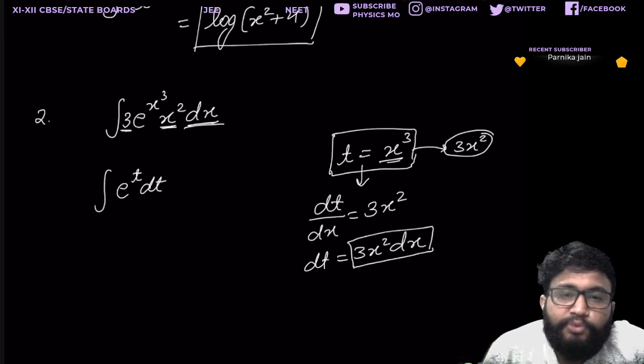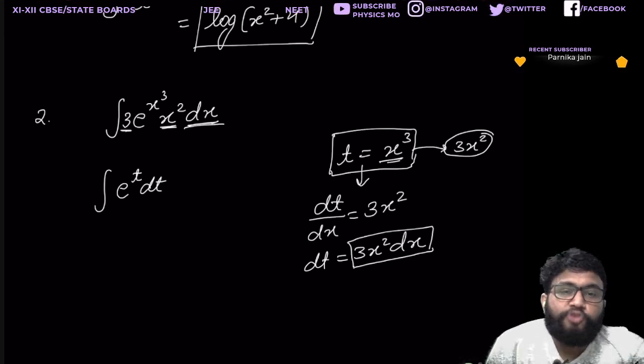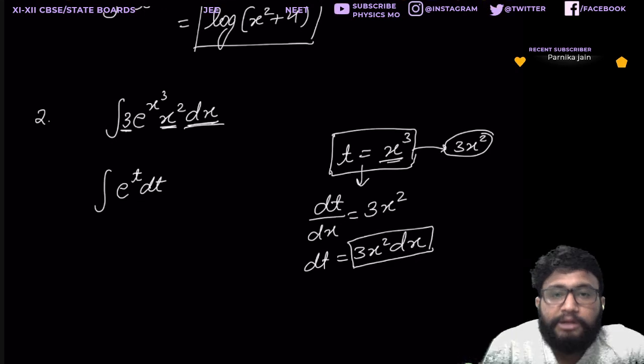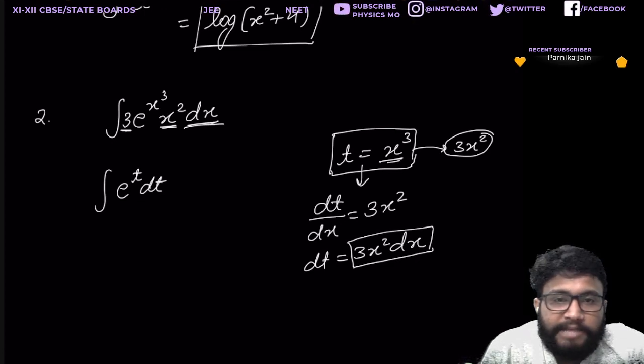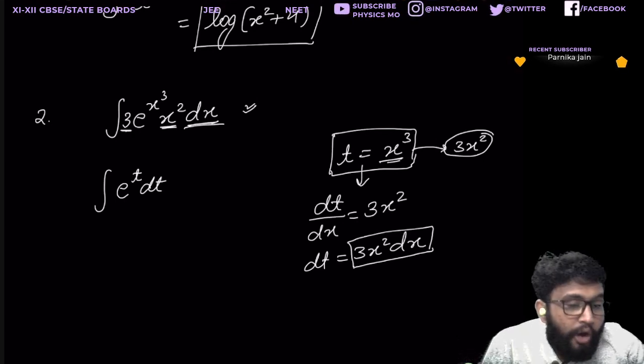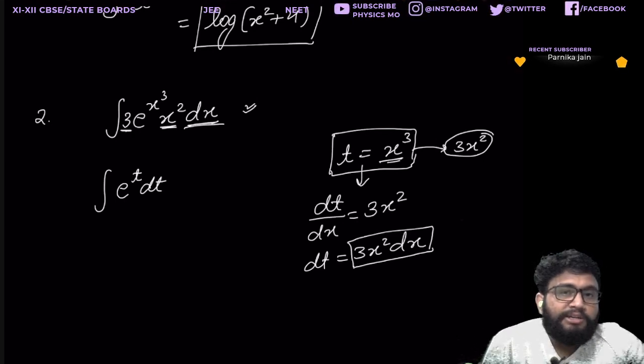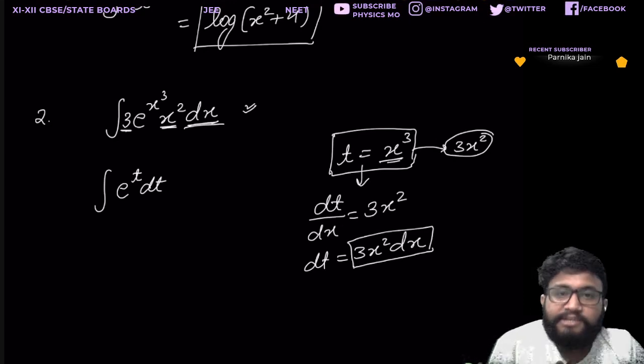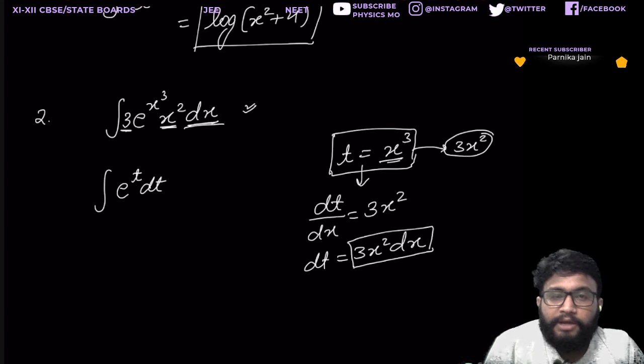Are you seeing how we have transformed this complicated function into a simpler one? The upper one looks a bit dangerous to integrate, and the function below, which is equivalent, looks a bit simple. The only reason why we are doing this is to make our functions simpler, and the procedure is that you can change your variables.